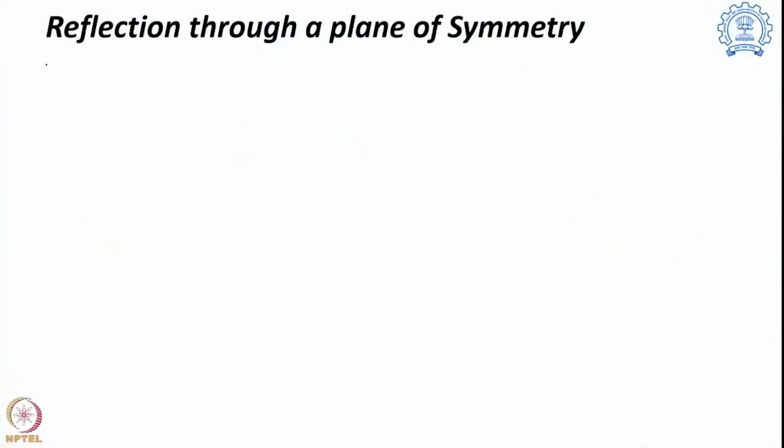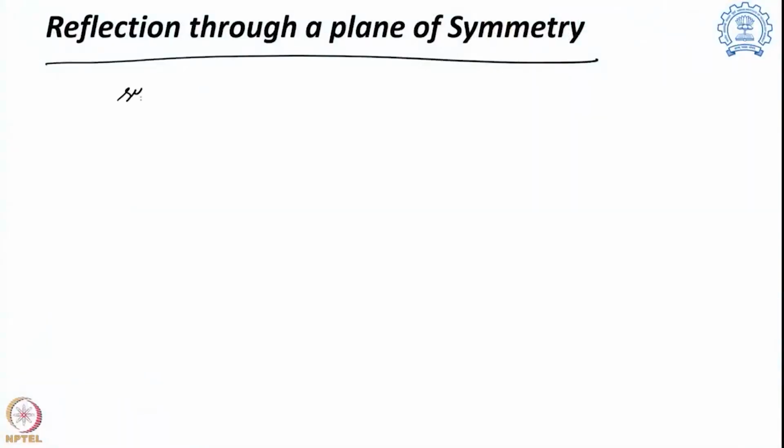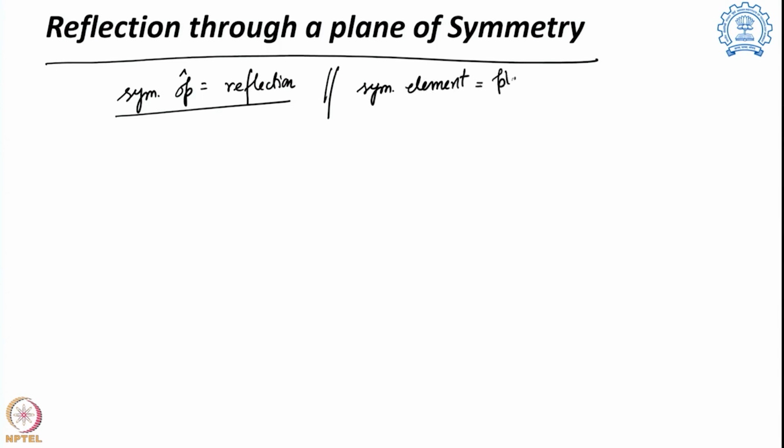So far, for the first one we have defined the rotational axis of symmetry, where the operation is rotation and the symmetry element, the geometric entity around which I am doing the rotation, is an axis, a line. Now my symmetry operation is going to be a reflection, and I am going to do this symmetry operation around a symmetry element, and this element will be a plane.